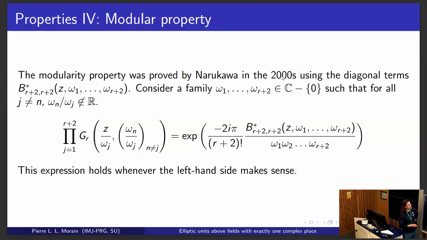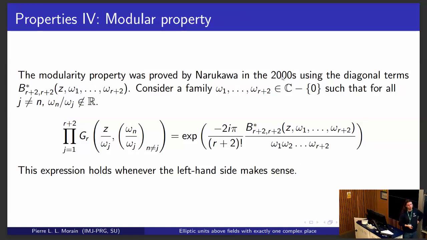And this is how the modular property can be expressed for the GR function. You see on the left, we have a product of R plus 2 GR functions, and then if you want, it splits a cocycle on the right. I'm going to say a bit more about the cocycle in a moment.